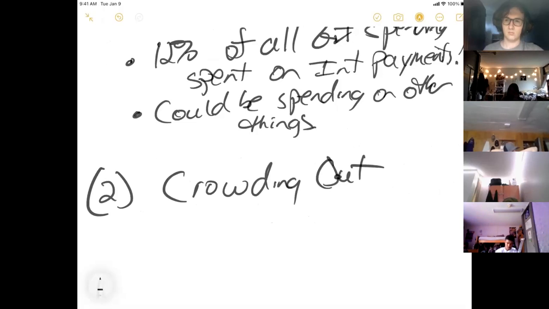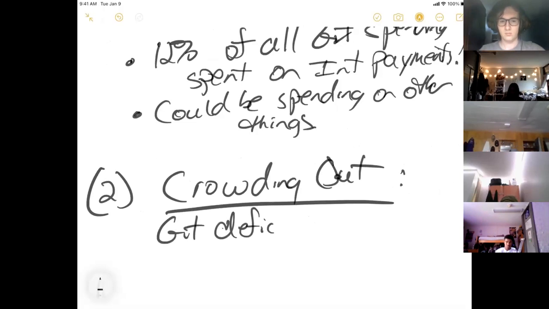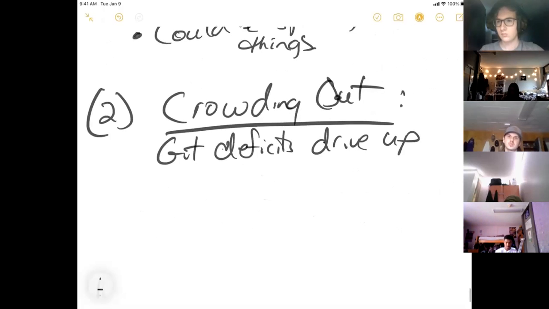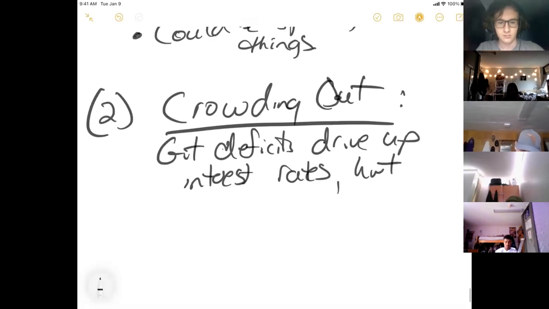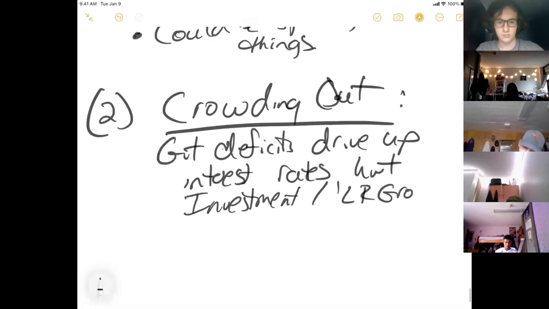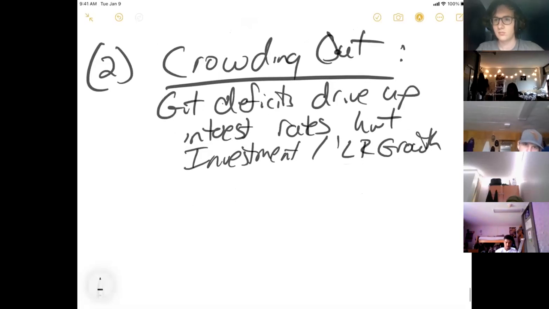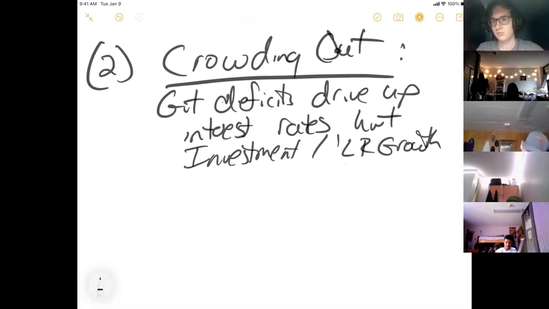And this is what we call crowding out. Crowding out is the idea that government deficits drive up interest rates.